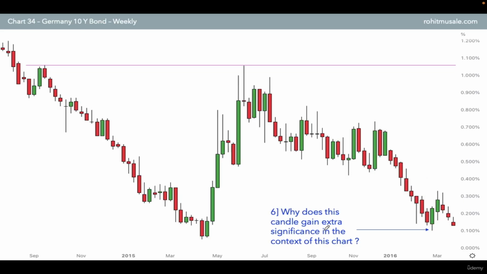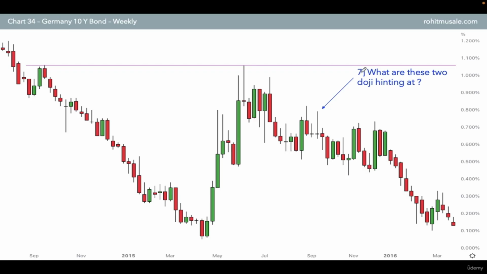That is one reason that candle would gain extra significance. Another reason is, you look at this: 1, 2, 3, 4, 5, 6, 7, 8. After 8 red sessions, you have one green session. So that tells you something about the market, right?